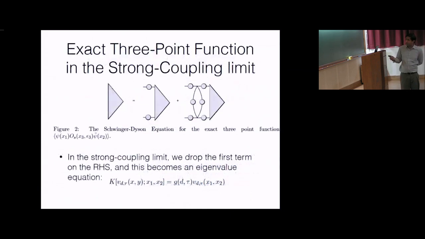Of course the form of the 3-point function depends on the scaling dimension of the operator. So we'll find that any conformally invariant 3-point function will be an eigenvector of this integration kernel, but the eigenvalue will only be 1 for certain values of the scaling dimension, and these are the allowed scaling dimensions.